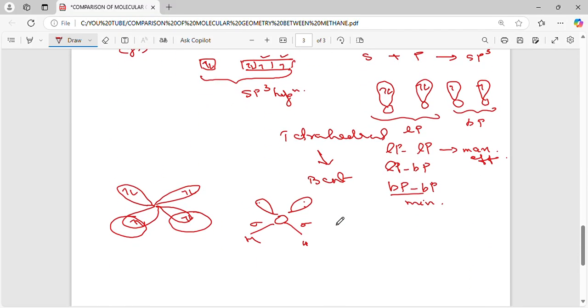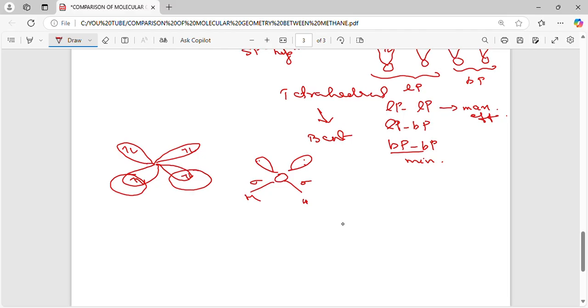So when you compare the 3 molecules, methane, ammonia and water, in all the 3 cases the hybridization is sp3 only, but the difference is in the bond pairs and lone pairs. In CH4, there are 4 bond pairs, but in NH3, 3 bond pairs and 1 lone pair.